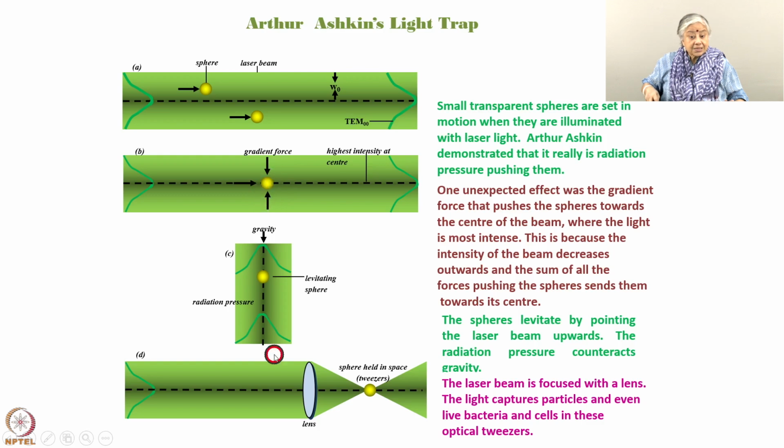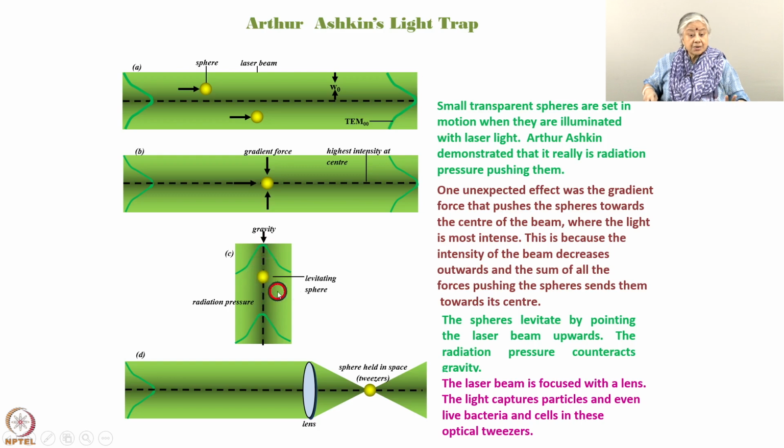Another thing that can happen is you can levitate the particle. Suppose you are doing it from the other side. Gravity is acting in this direction, and the laser is guiding the particle to go up.